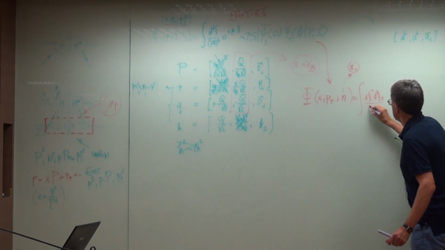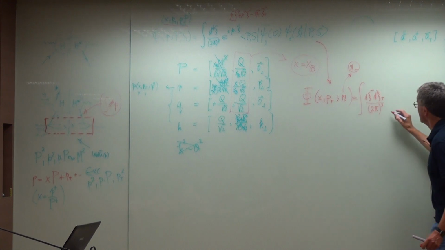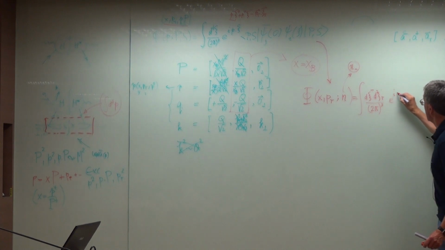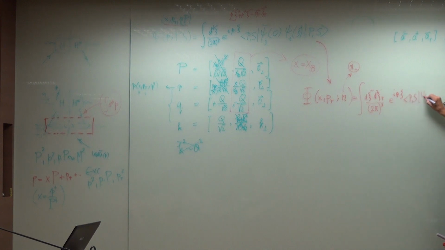One of the two pi's is needed to put it into a delta function, and then you have left e to the i p dot x, p dot psi, psi j 0 bar psi i psi p of s.